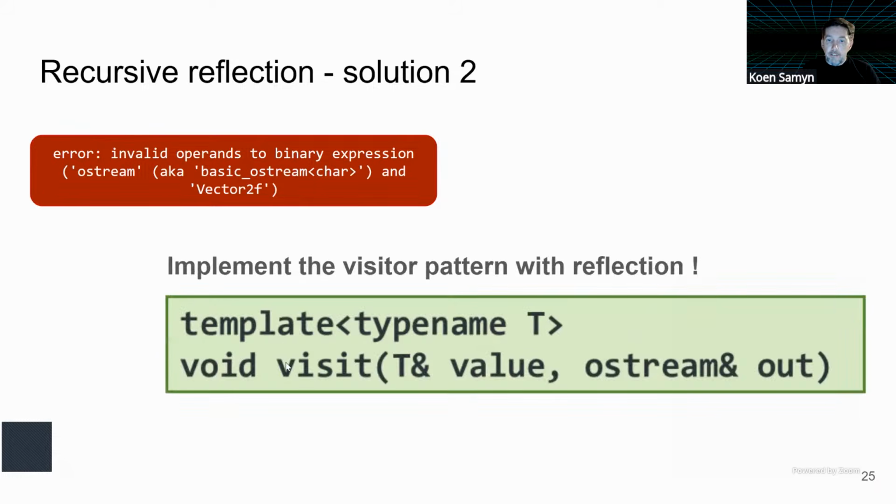So let's look at it. We are going to visit the data structure with reflection. We're going to visit all the values and all the members, or the possible members, of those values with a visitor. And the special thing is that this visitor is external. It's not something that you need to define inside the struct itself.